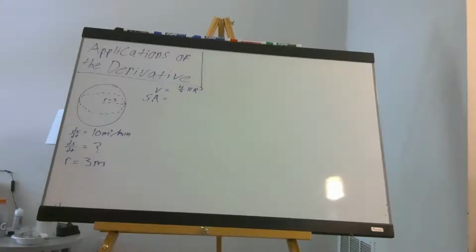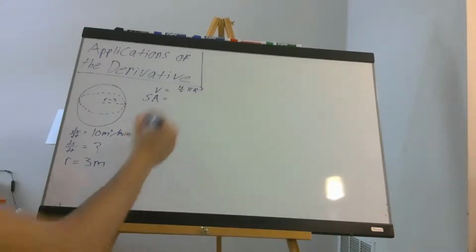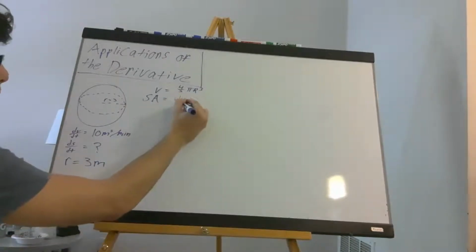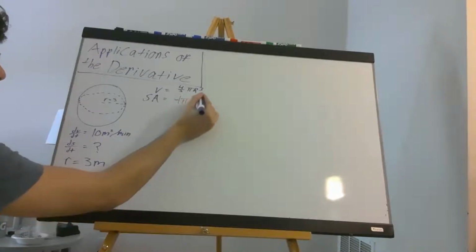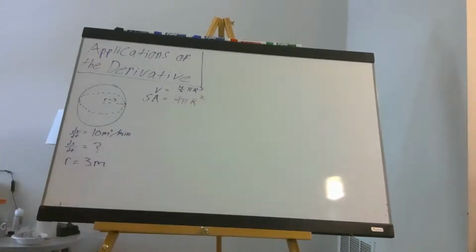And then the surface area of a sphere is 4 pi r squared. See, I didn't know that one off the top of my head, so I might need to brush up on some of my volumes and area formulas.